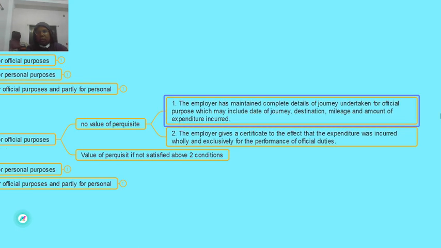What are these two conditions? We have previously discussed the two conditions. First, the employer has maintained the complete details of journeys undertaken for official purposes, which may include the date of journey, destination, mileage, and amount of expenditure incurred. And second, the employer gives a certificate to the effect that the expenditure was incurred wholly and exclusively for the performance of official duties.